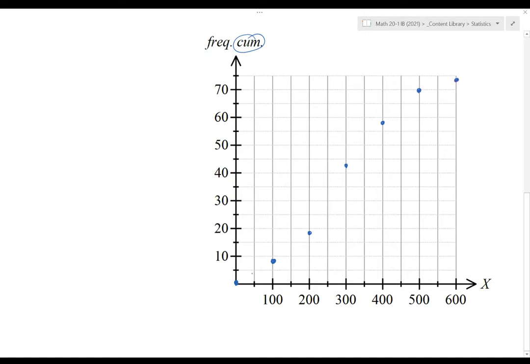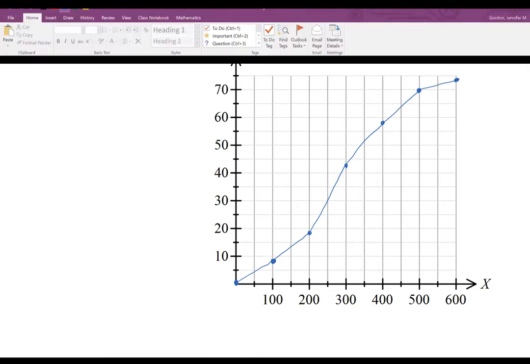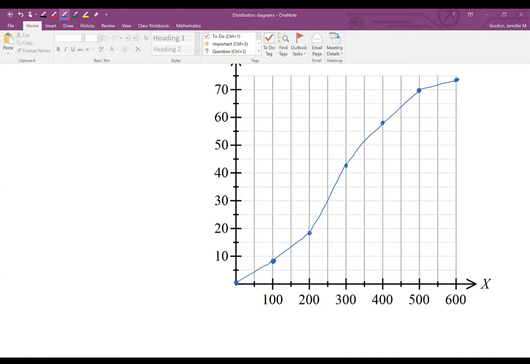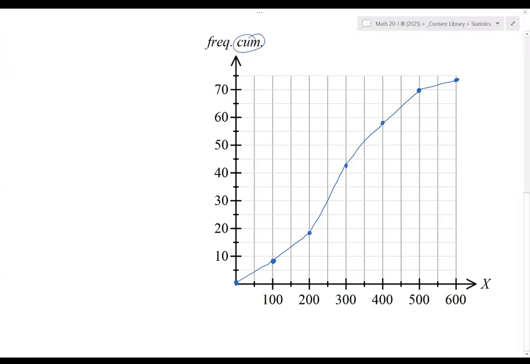So this frequency polygon isn't going to close off at the end. Cumulative frequency means it just keeps growing. It's open-ended at the top. The nice thing about a cumulative frequency polygon is we can use it to estimate median and the quartiles a lot better than the frequency table.